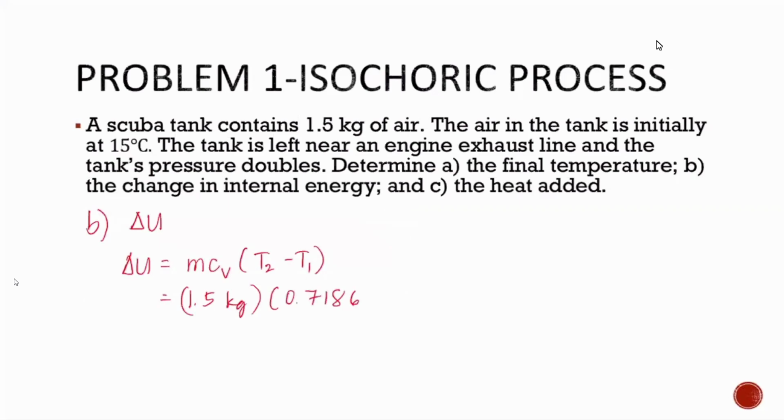Ito po ay para sa air. Kilojoule per kilogram Kelvin. Times the temperature. Ano yung T2 natin kanina? 576 minus 288 Kelvin. Okay, cancel tayo ng unit. So we have kilogram, kilogram, Kelvin, Kelvin.